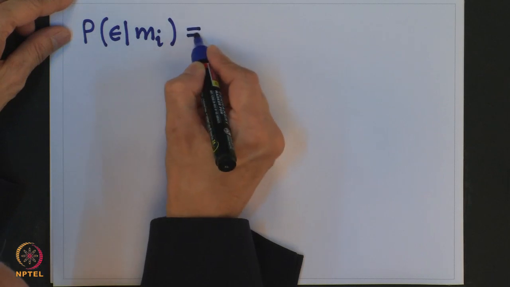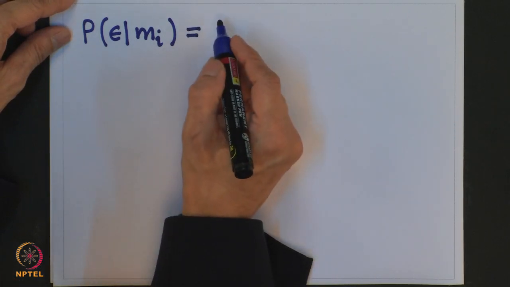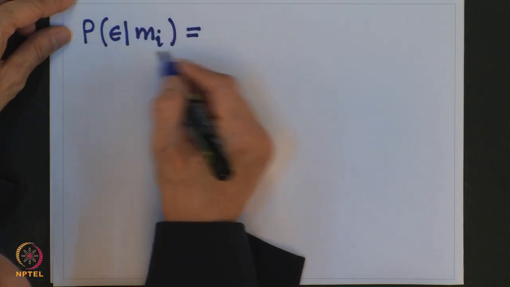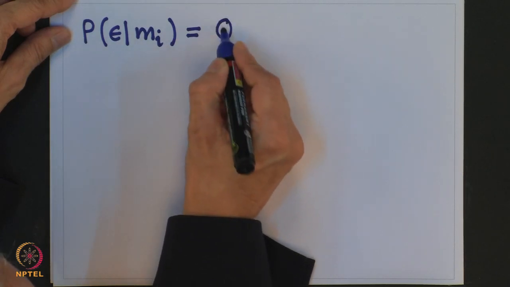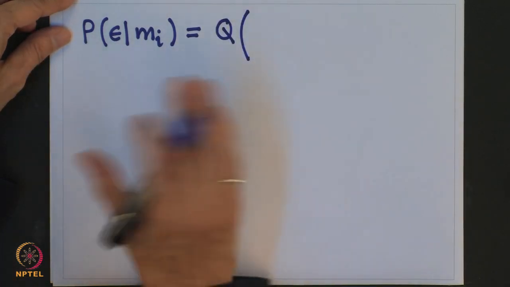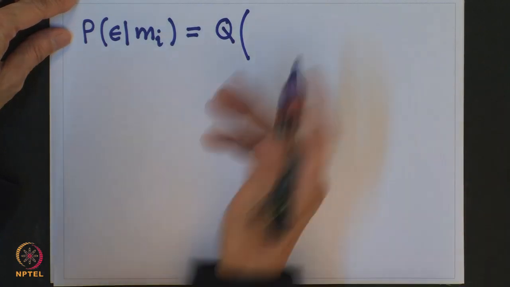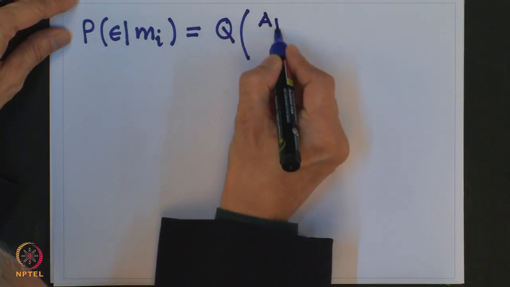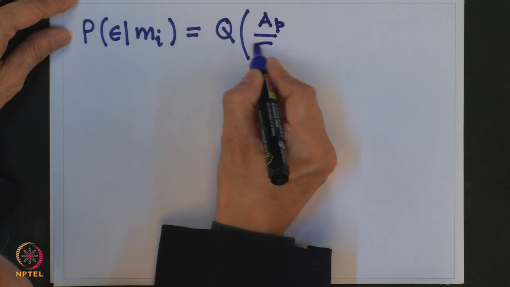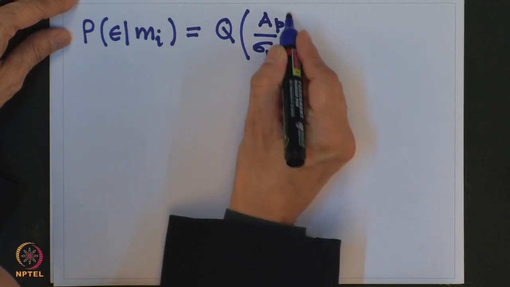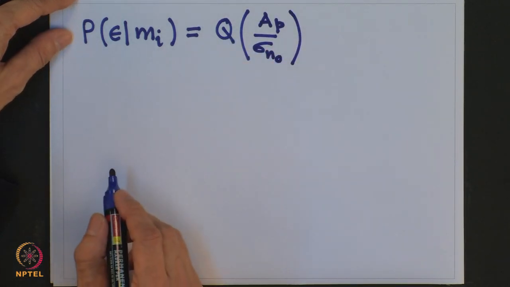Now, we know that this is equal to, for the extreme cases, for the signal located at the extreme end, a Q function of that.